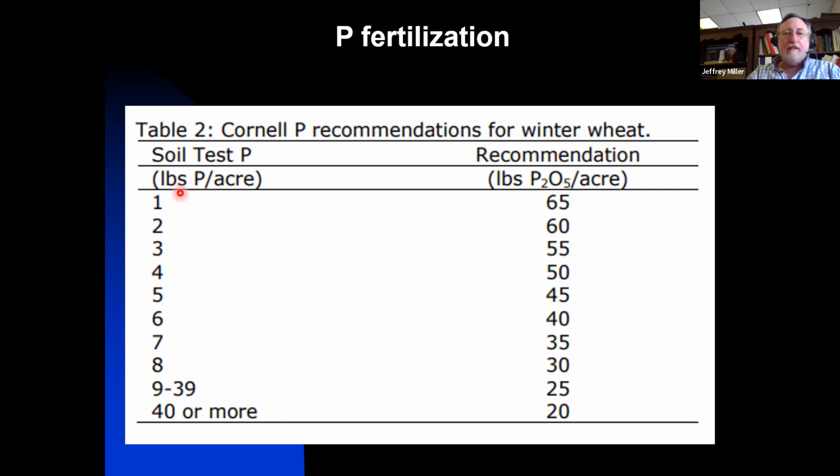So that 1 pound, if that's truly available, a good measure of available phosphorus, represents 1,000 pounds of phosphorus in the soil that's just not available for plant uptake. If you look at the higher end, so now at 40, okay, a lot of phosphorus in the soil, but the recommendation is still to apply 15 to 20 pounds, and that's available phosphorus for that seedling.